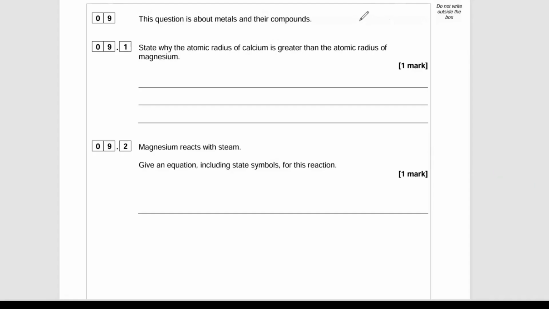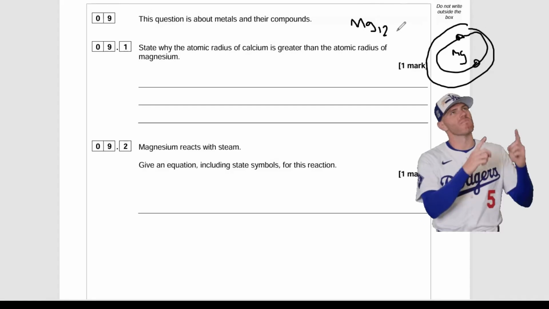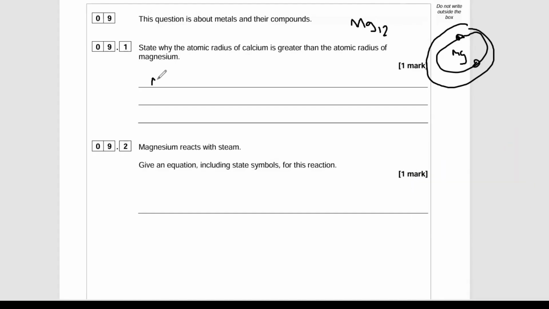All right, here's the explanation, guys. If we look at magnesium, it's got an atomic number of 12. This means it has 12 electrons. Mg has 12 electrons, so 2, 8, 2. That's the size of magnesium.